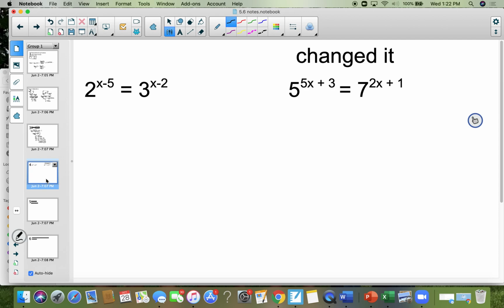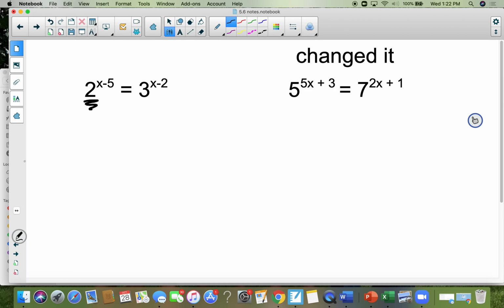I changed the problem, so if they look a little different, it's because I changed the problem. Again, you can never make these look the same. I need to log both sides of the problem.